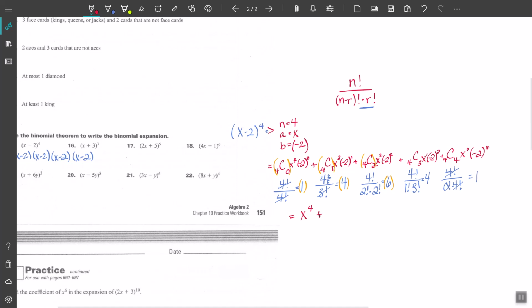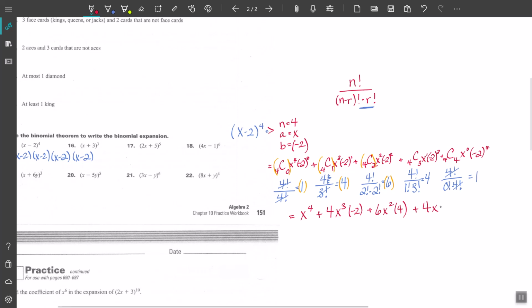All right, then we're going to add to that. I have a 4 here, x cubed, and then negative 2 raised to the first power is going to stay negative 2. So we'll deal with that in a minute here. I'm going to come to the next term. I have a 6, an x squared, and now I have negative 2 raised to the second power. That's positive 4. 4, x to the first, I'm just going to write it as x.